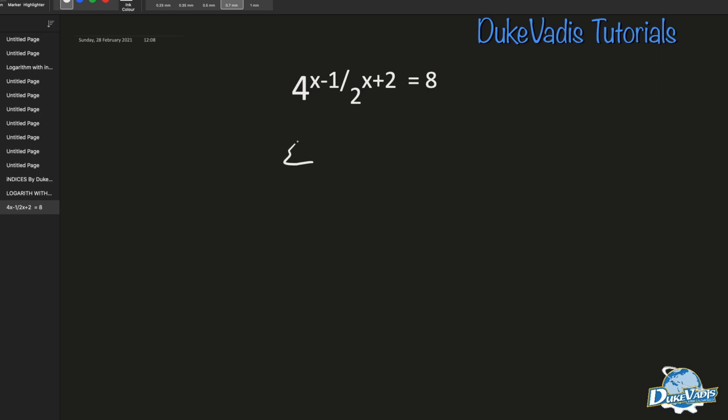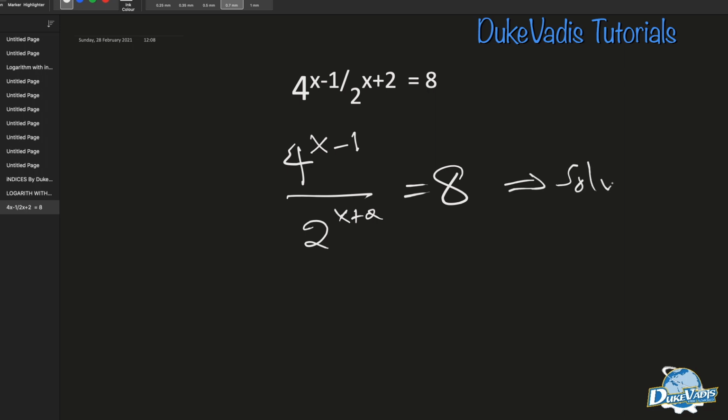It says for x minus 1 divided by 2 x plus 2 is equal to 8, and we should solve it. That's all it says. Okay, this is a very beautiful equation.